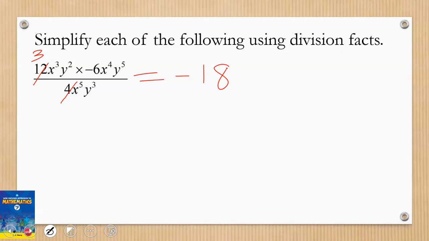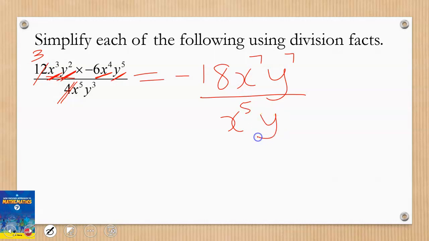Now coming to the variable side, let me do the numerator first. Here we have x to the power 3 and x to the power 4, which will give us x exponent 7, right? Because they are multiplying at the top. Then y exponent 2 times y exponent 5 also gives us y exponent 7. Then divided by, remember the 4 is gone, so we are left with only x power 5, y exponent 3.